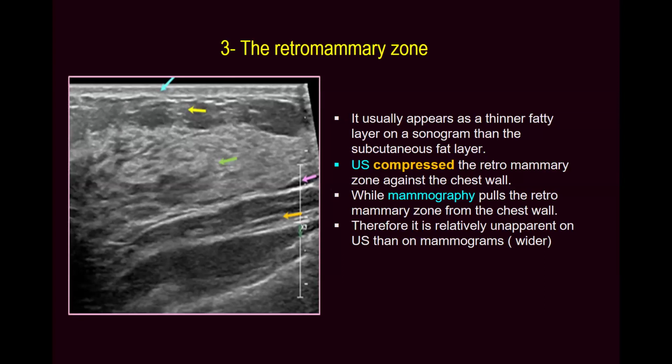While on ultrasound, the patient is lying flat, lying on her back, so the breast goes toward the chest wall. And when you compress with the ultrasound transducer, you compress it against the chest wall. So you make it thinner, a relatively narrow layer. That is why it is apparently narrower on ultrasound than on mammography.